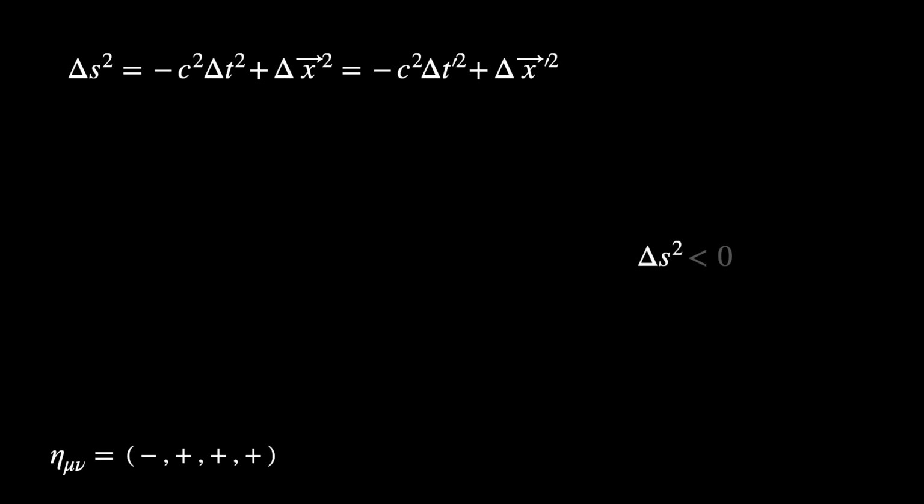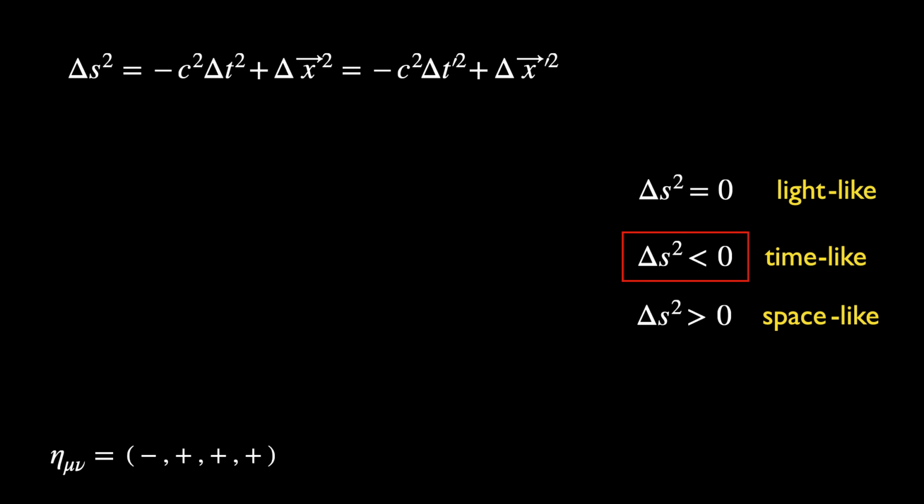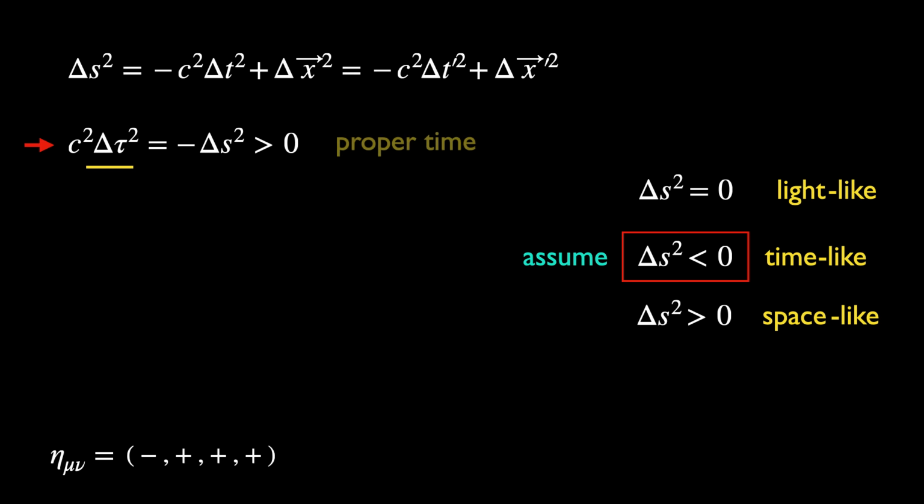Assume that this spacetime interval is time-like. This means the negative of delta S square is positive. We define this as c squared times the square of delta tau, which is known as the proper time.